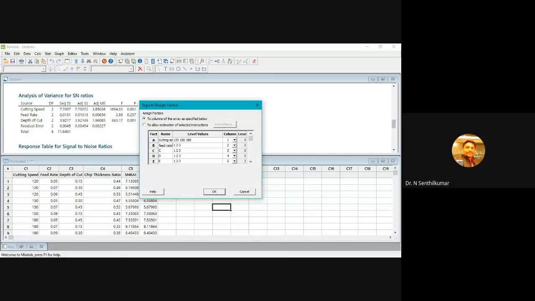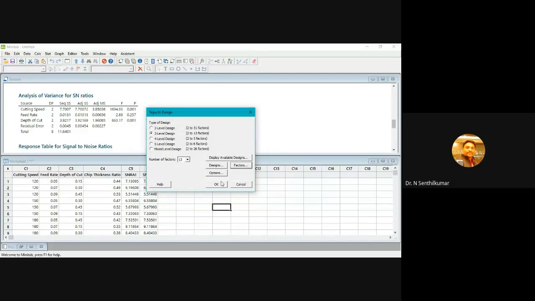Feed rate: 0.05, 0.10, 0.15. I'll be putting random values, sir. Depth of cut will be 0.1, 0.3, 0.5.